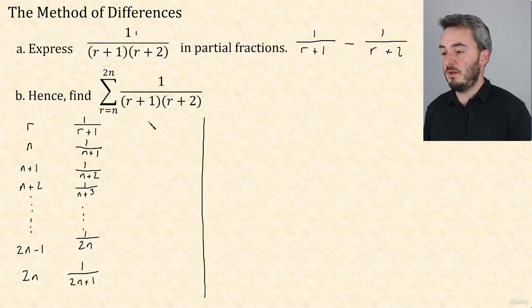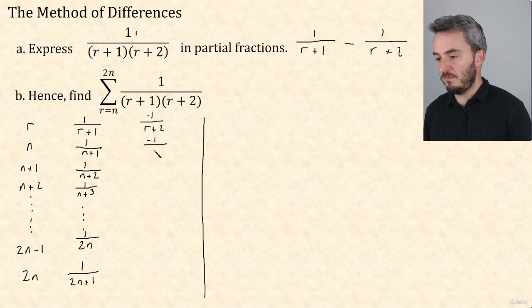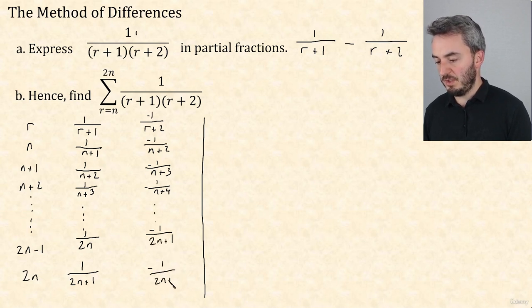And then for the 1 over r plus 2 terms, or minus 1 over r plus 2, it's minus 1 over n plus 2, minus 1 over n plus 3, minus 1 over n plus 4, dot, dot, dot, and then minus 1 over 2n plus 1, and minus 1 over 2n plus 2.